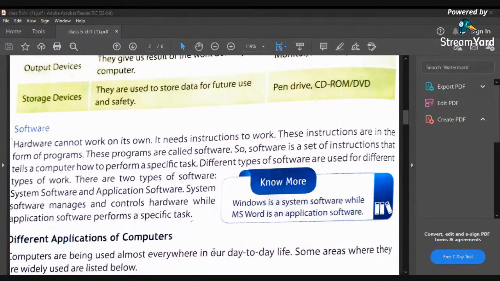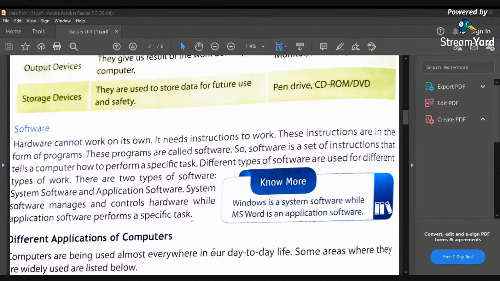And the other is application software. What is application software? Application software is used for specific tasks. An example of application software is MS Office.